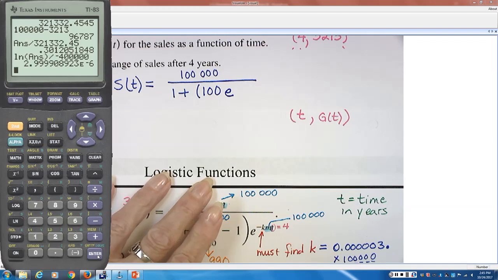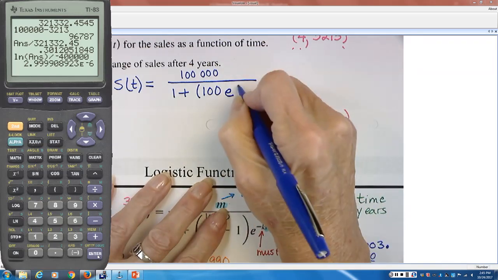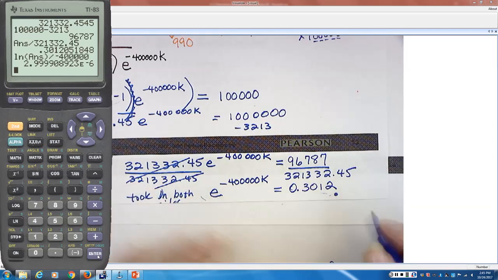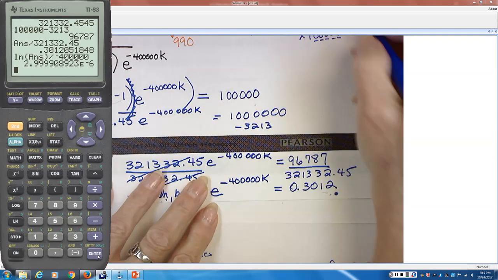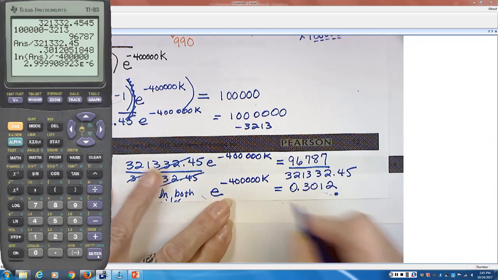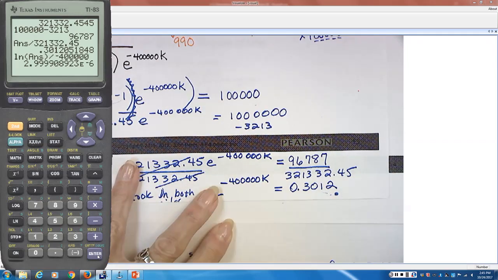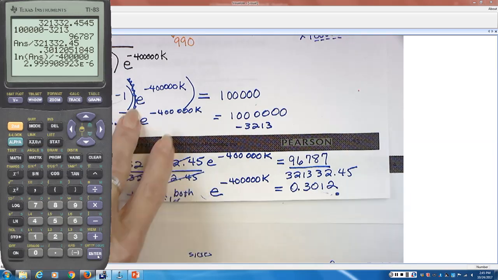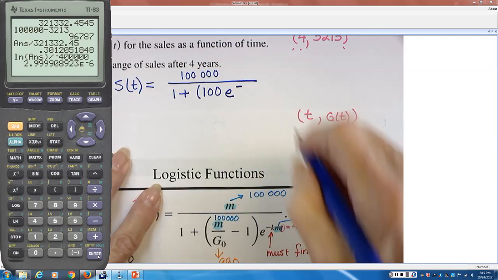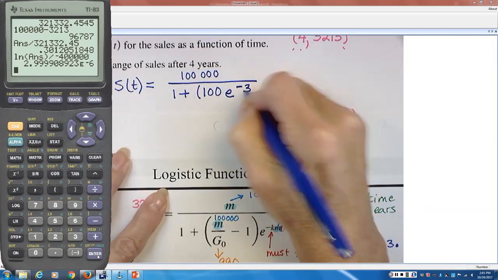And it was negative, by the way. It was supposed to be negative. I left out my sign at the bottom here. So the value of k should have been negative, because that was negative 400,000. So k is actually negative. And that's going to be 3.